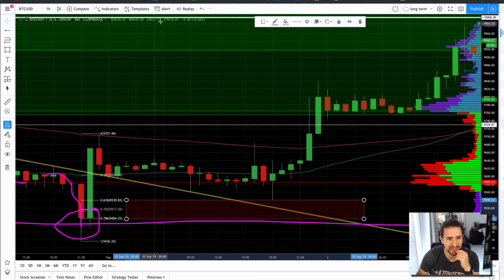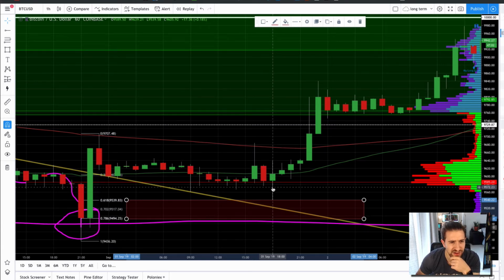If you look up here, this shows the low, and right over here, the 61.8 is 9,539.83. So if you would have taken this position at 9,539.83, you would have got filled at 9,539.58 just on the bottom of that wick.